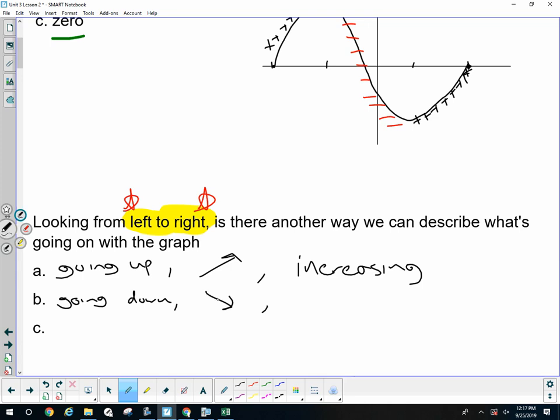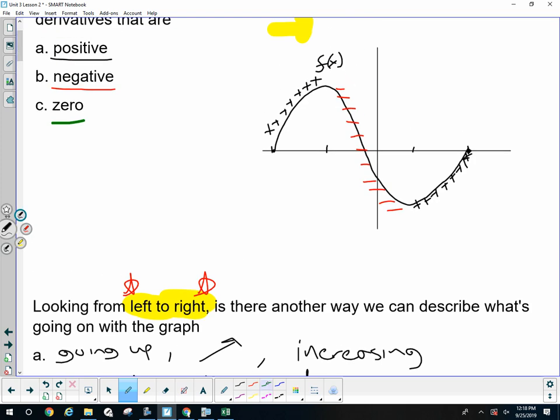Use an arrow symbol for going down, or we could say it's decreasing. The y values are decreasing. We have a 0 tangent slope here and here. We are neither going up nor going down. We have flattened out, or we are constant.